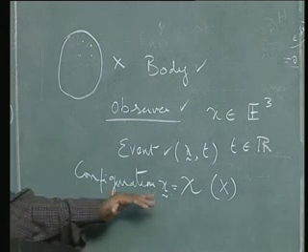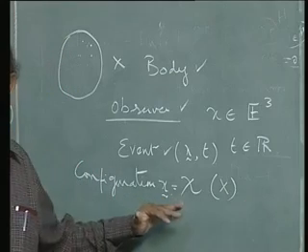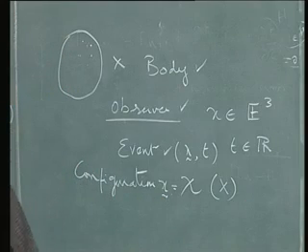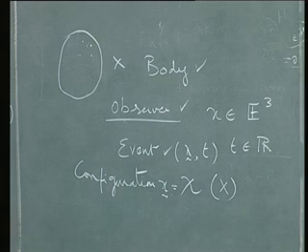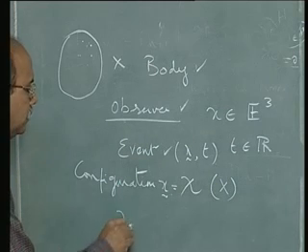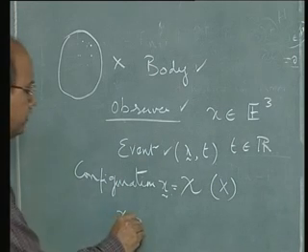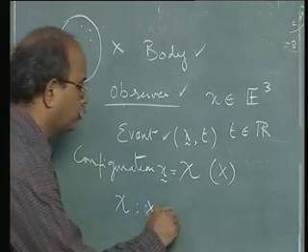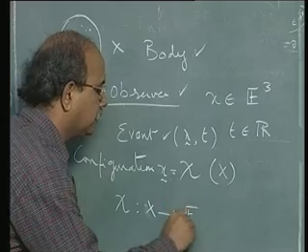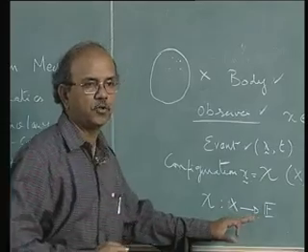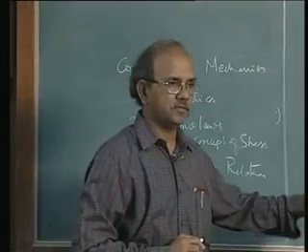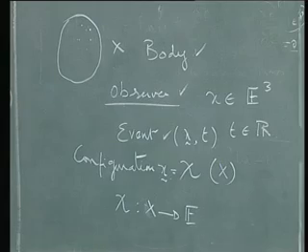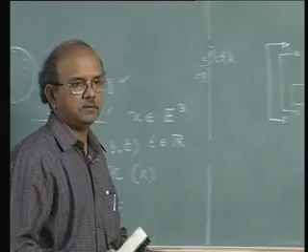We will shortly look at this more closely and define the configuration and deformation more closely. But what we essentially mean is that a configuration maps the points to a point in E3, which I'll state as E. This is called Euclidean space. Euclidean space is a vector space with an inner product, a norm defined on it.